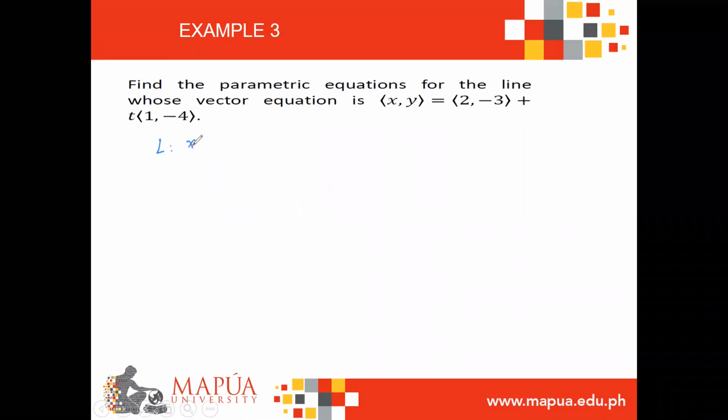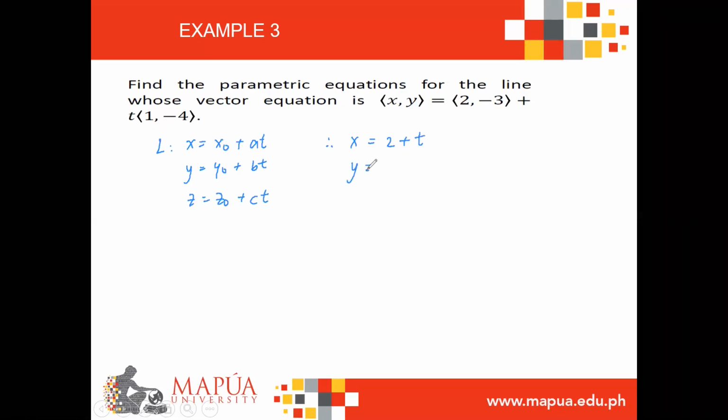So we have x equals x0 plus at, y equals y0 plus bt, then z equals z0 plus ct. Therefore, your line L will have the parametric equation x equals 2, this will be your x0, plus 1t.